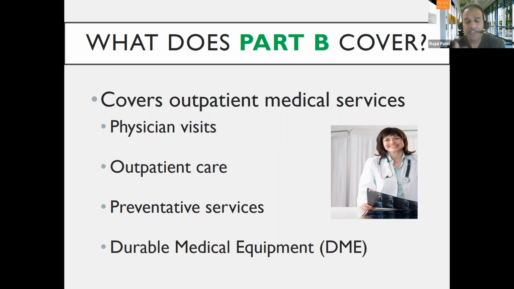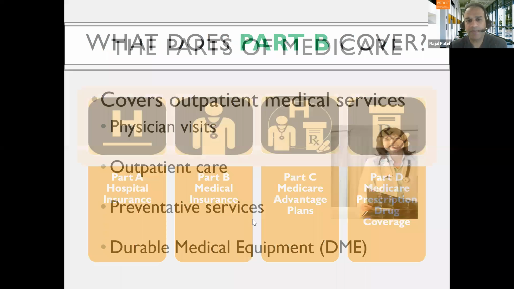Oxygen, nebulizers, wheelchairs, these are all considered durable medical equipment that would be covered under Medicare Part B. Aside from preventative services, most services that are covered on an outpatient medical basis under Part B have an 80-20 cost sharing. 80% Medicare will pick up, but that means the patient is responsible for the other 20% of the cost.